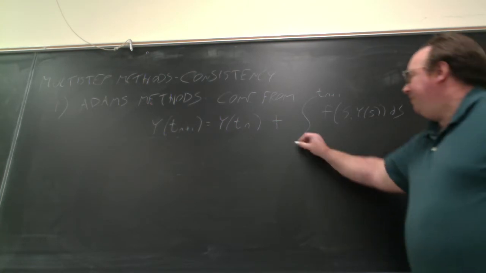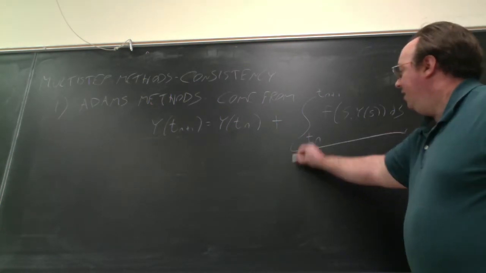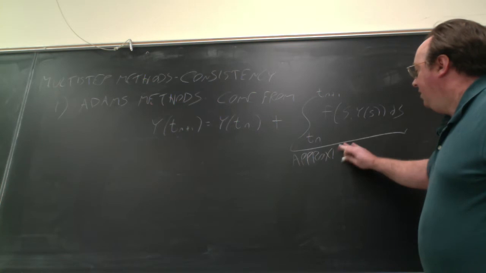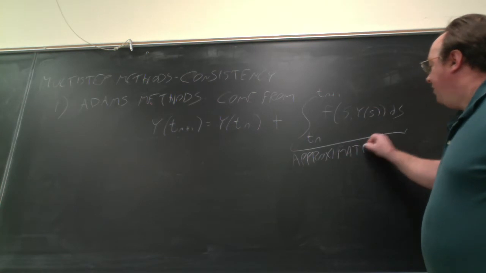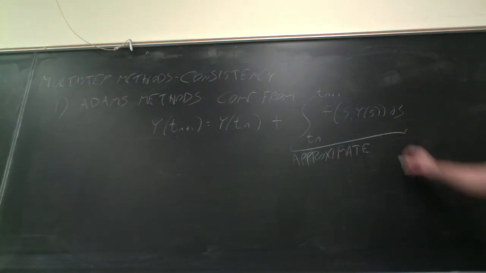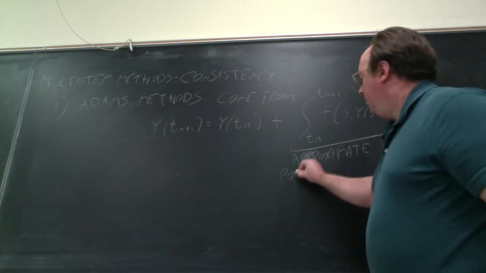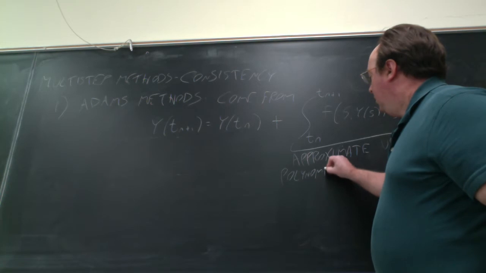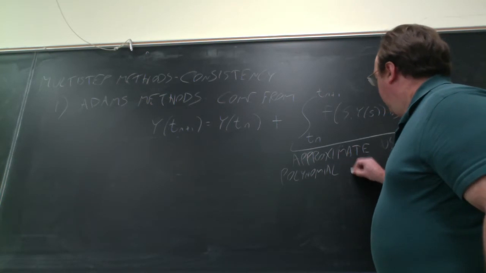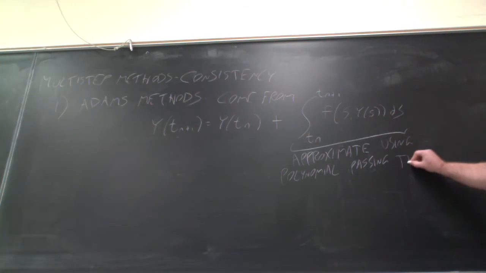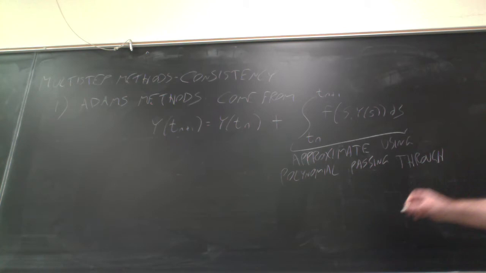So what Adams methods do is they approximate this integral using a polynomial, an interpolating polynomial that passes through these points.